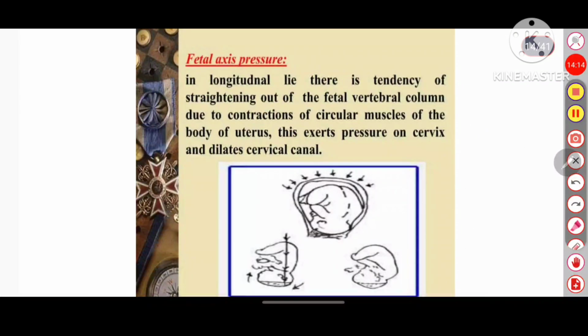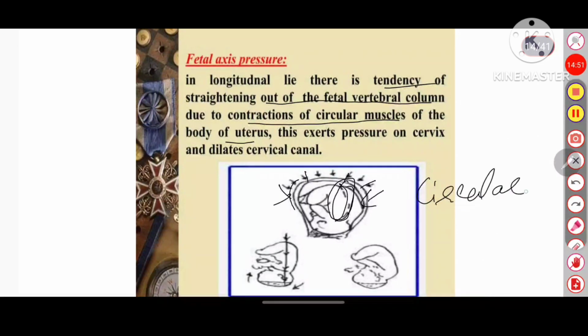Next we need to know about the fetal axis pressure. The longitudinal line: there is a straightening out of the fetal vertebral column due to the contractions of the circular muscles in the body of the uterus. As you can see here, the pressure exerted on the fetal vertebral column is also felt on the circular muscles.